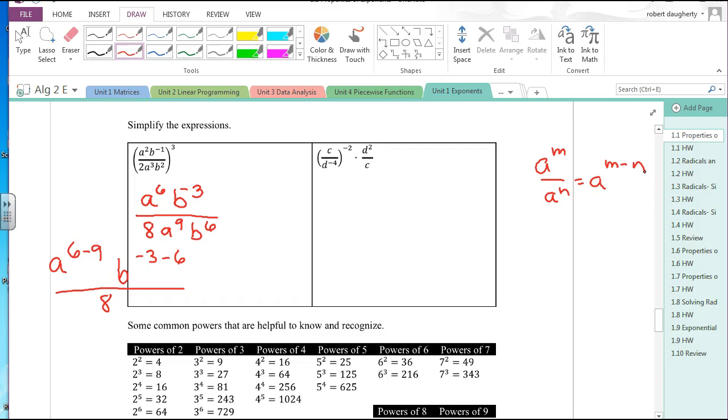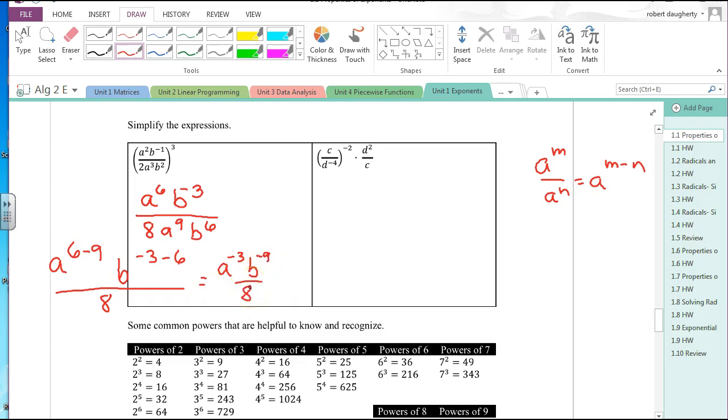So a to the 6 over a to the 9th is a to the 6 minus 9. This is b to the negative 3 minus 6. What's 6 minus 9? Negative 3. So this is a to the negative 3. What's negative 3 minus 6? So this is b to the negative 9, all of that over 8.